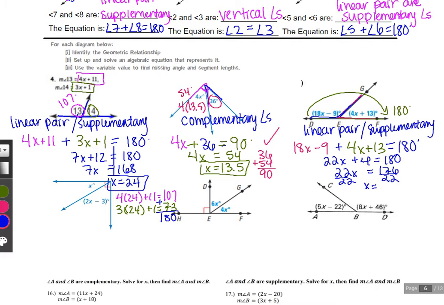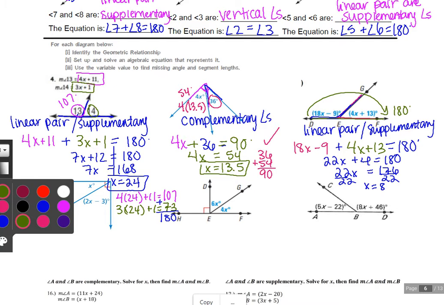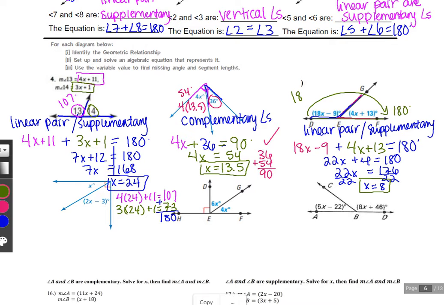Now I need to plug it back in. So I'm going to take my x equals 8 here, substitute that into both of these angles and see what I get. So for angle DEG, I have 18x minus 9, so that'll be 18 times 8 minus 9. And that should give us 135 degrees. And then the other angle, 4x plus 13.